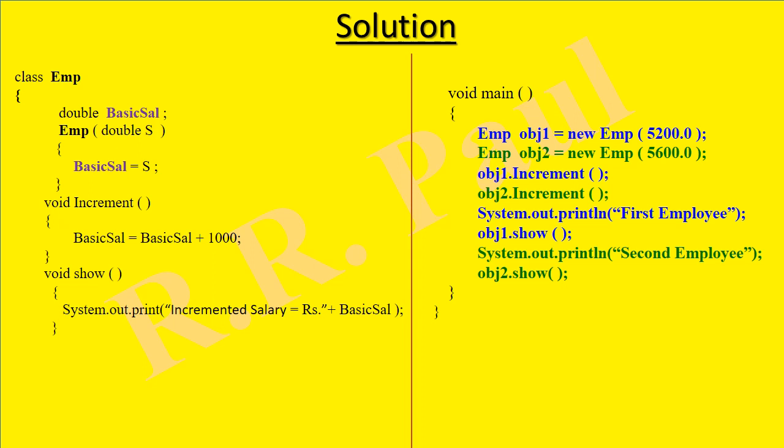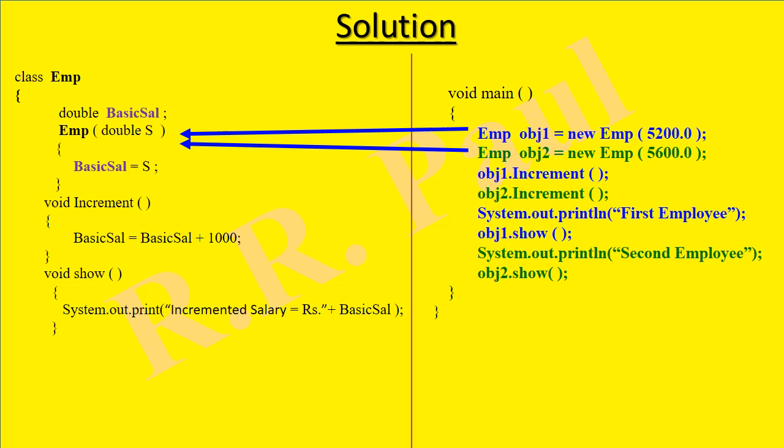Which means that the instance variable basic sal associated with obj1 will have the starting value as 5200 and instance variable basic sal associated with obj2 will have the initial value as 5600.